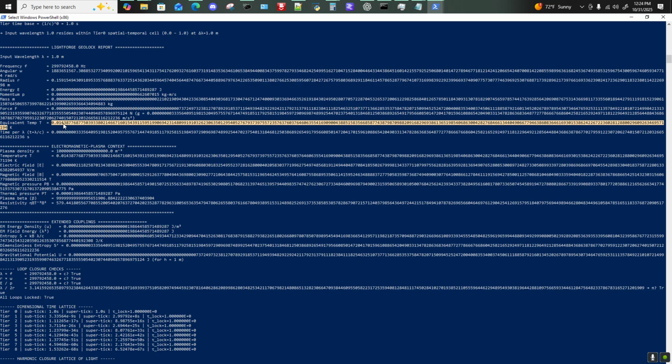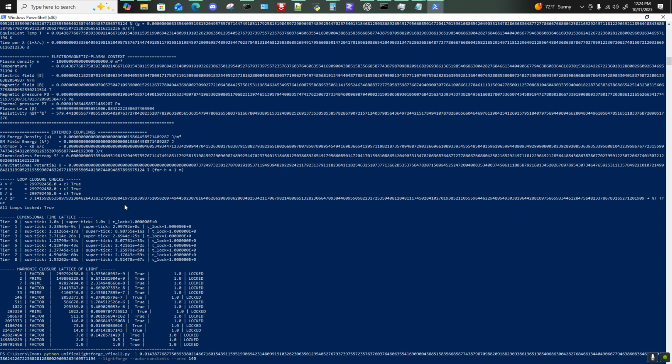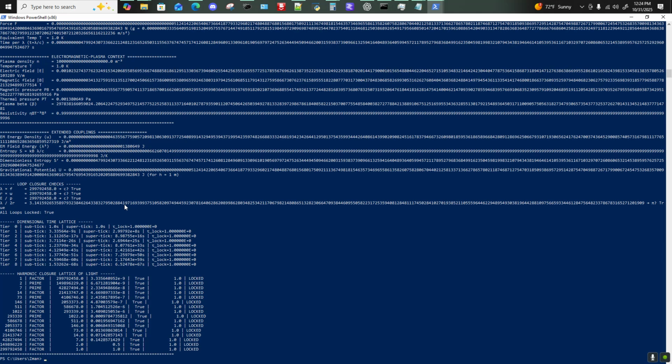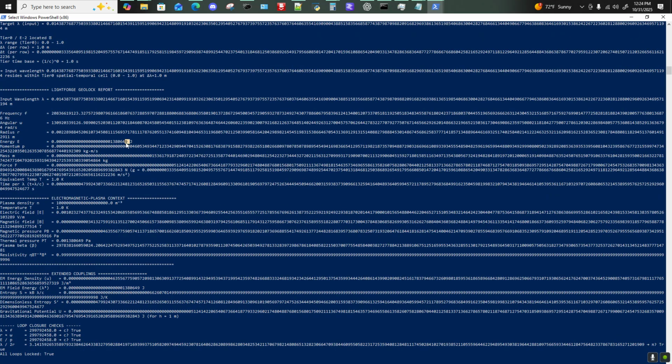So if we take the temperature now and we use the temperature as wavelength, this is where we see Boltzmann's constant.